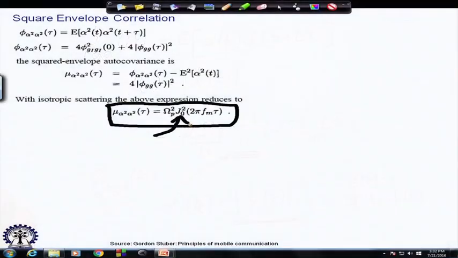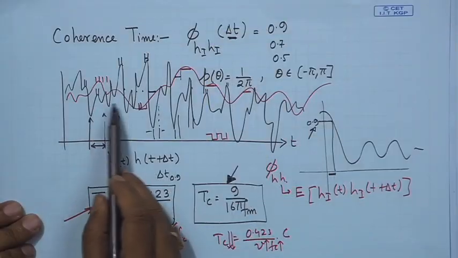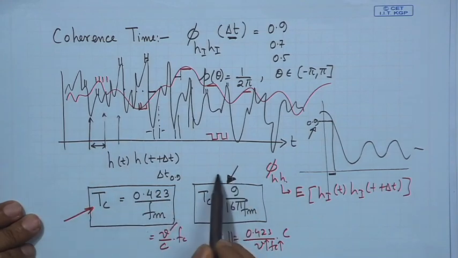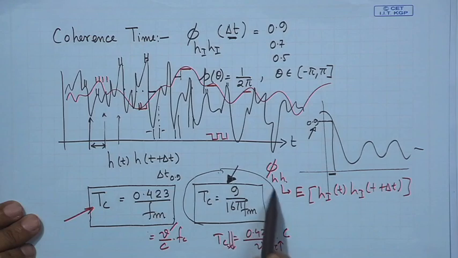And just to summarize, what we have talked about in today's discussion is the calculation of coherence time. We have explained the meaning of the correlation function and how this correlation is affecting, and we have also explained a rule of thumb for calculating the coherence time for the special case that we are taking.